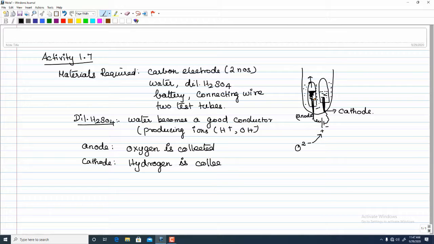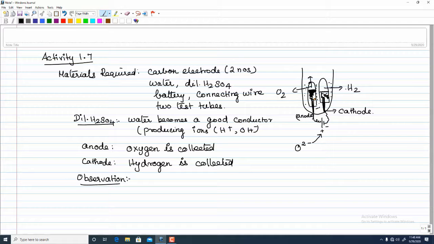Next, what is the observation? They will ask in CBSE: write any 2 observations. The actual observation in this experiment is that the water level is very low in the case of the cathode, where hydrogen gas is collected, and in the anode oxygen gas is collected. You can see more space there, which means more gas has occupied the cathode test tube.